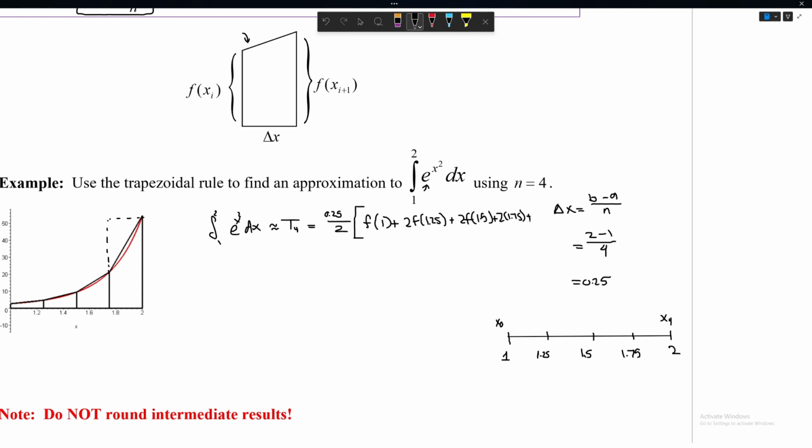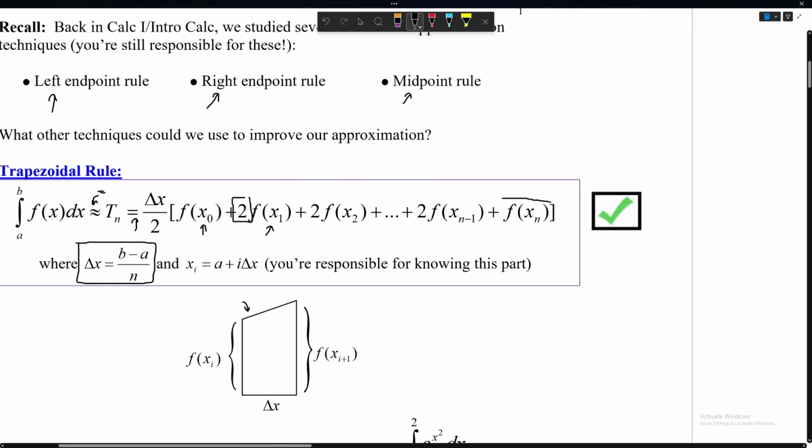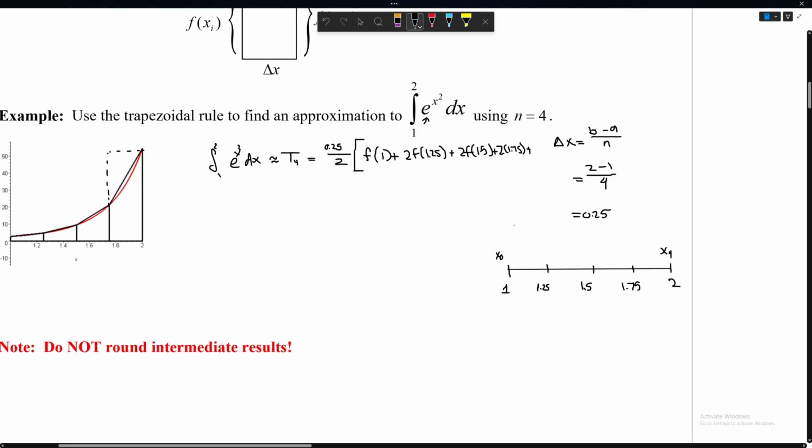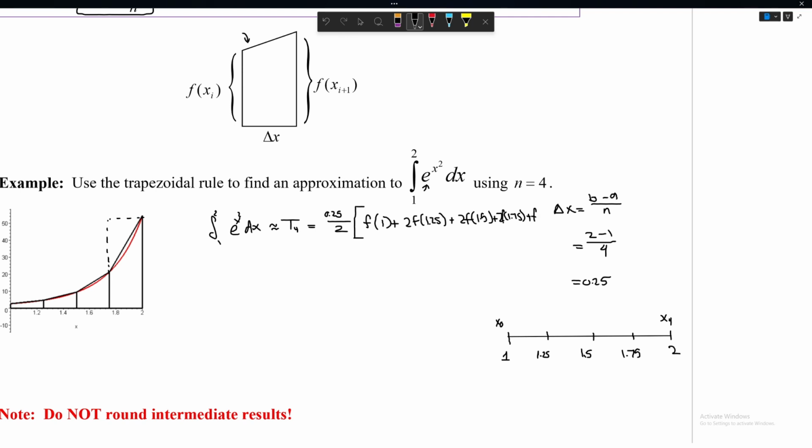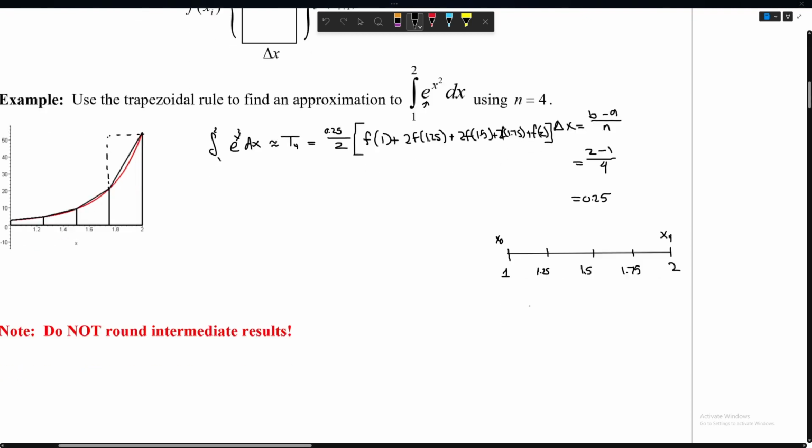And when I get to my xn, I don't have the 2 anymore. So I'll just say my f at 2. Horrible writing, I know, but that's about it. You plug all this in the calculator, and you will get your answer. It's nothing too hard when it comes to these approximations. They're pretty straightforward, I'd say.